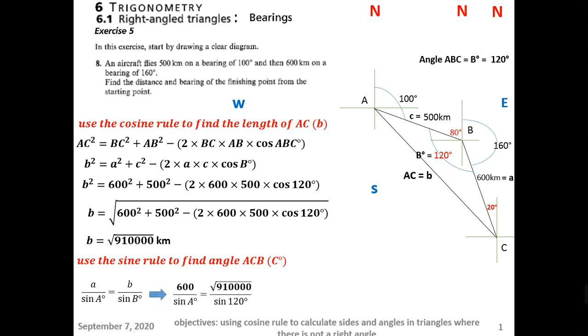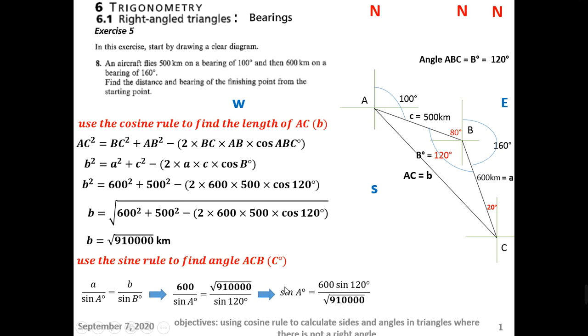It will be 600 over sine A, which is my unknown, is equal to the square root of 910,000 over sine 120. If we cross multiply, we're going to end up with sine A is equal to 600 times sine 120, all divided by the square root of 910,000.